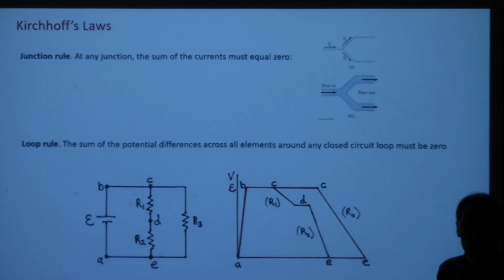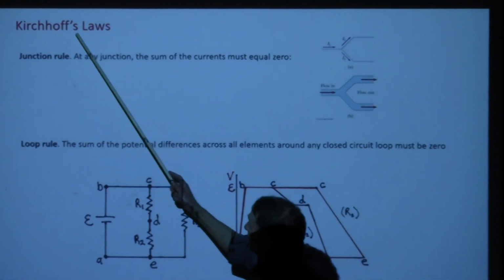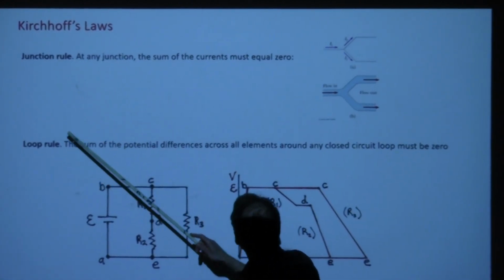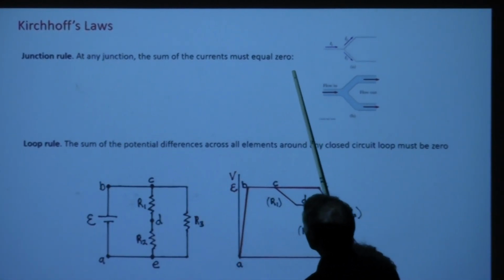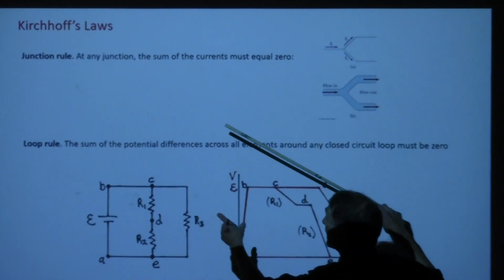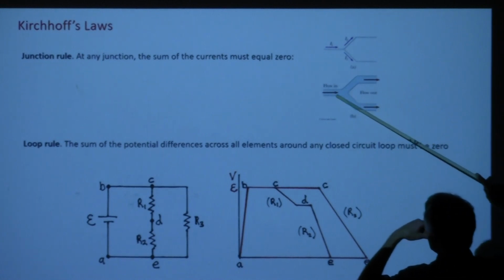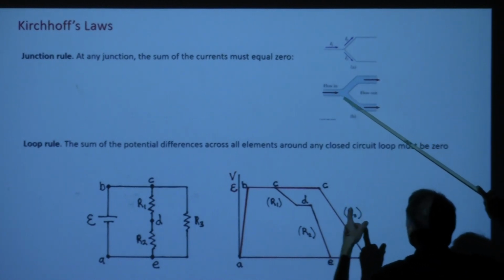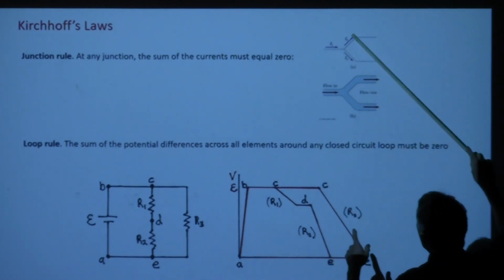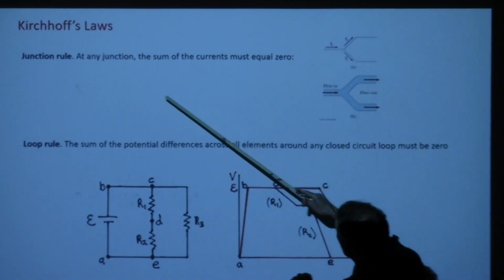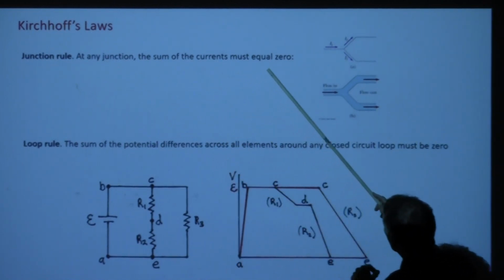Now, something that's more universal is doing this with Kirchhoff's laws, and we've got kind of two of them. One of them deals with the current, and this is kind of just formalizing what we looked at with these other things. The idea that you have a current coming in, it's going to split and go out. That at any junction, the sum of the currents must equal 0.